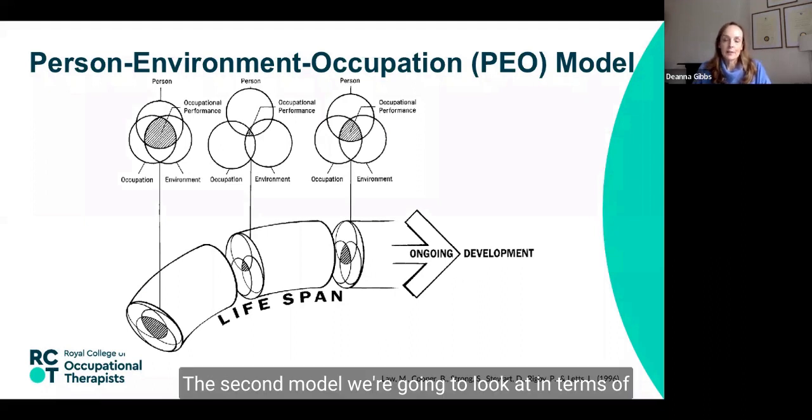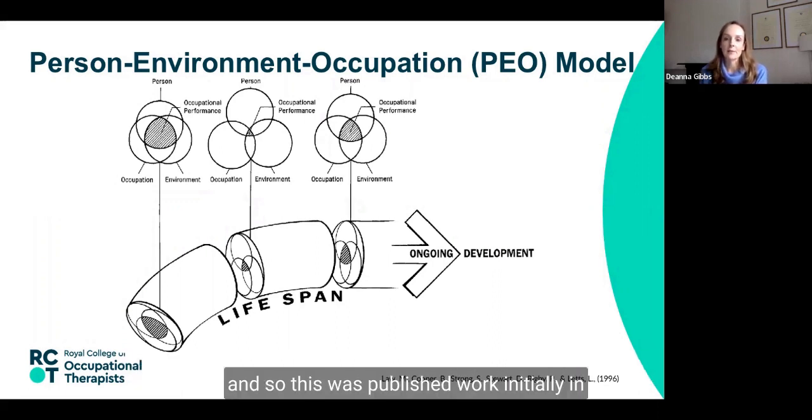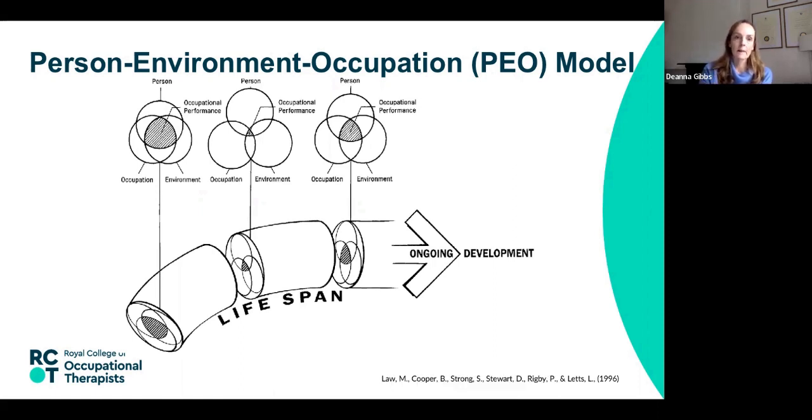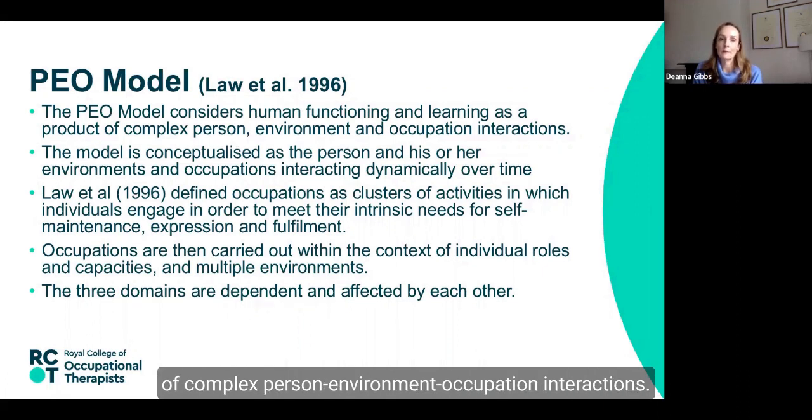The second model we're going to look at in terms of its application to the neonatal setting is the person, environment, occupation model. And so this was published work initially in the mid-90s by a group in Canada. So the PEO model considers human functioning and learning as a product of complex person, environment, occupation interactions.